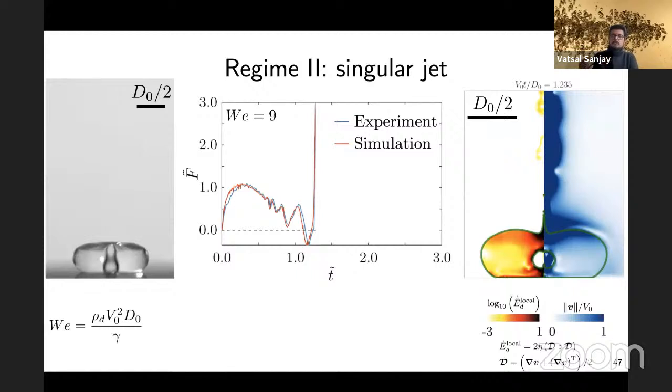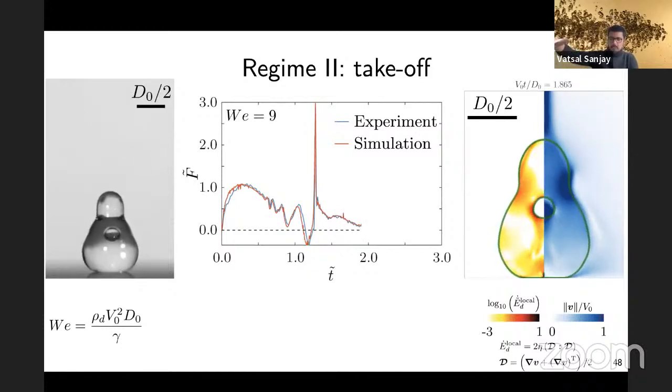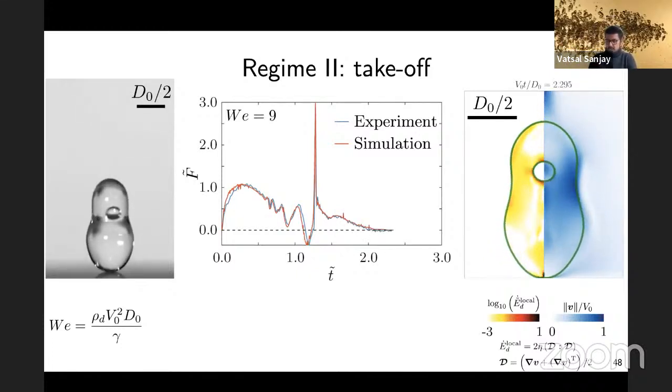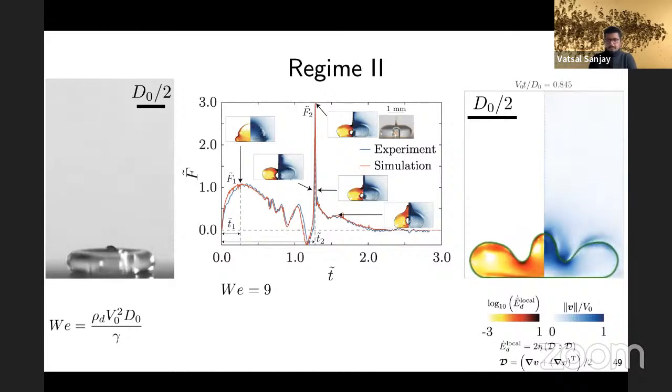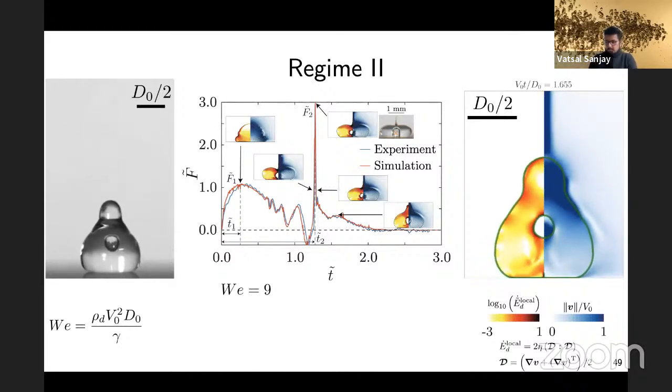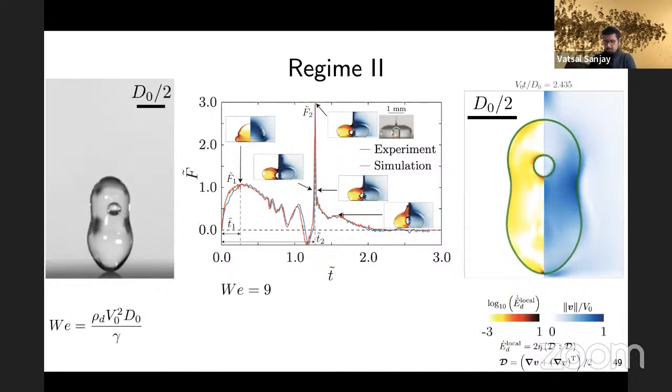So it's possible to have a second force peak which is thrice as much as the first one, and that happens at this F2, in a very narrow range of Weber number that I will tell you in a minute. Once we move on, it takes off, and then the force goes to 0. Another signature of this regime is that we get a bubble that is entrained inside this droplet because of these converging capillary waves, and then it takes off. I will just play this once more, and you see this nice agreement once again between experiments and simulations.